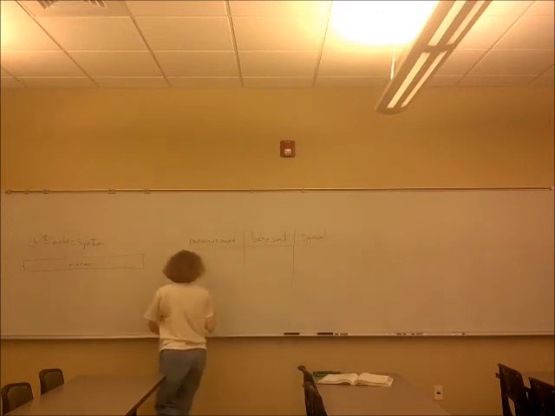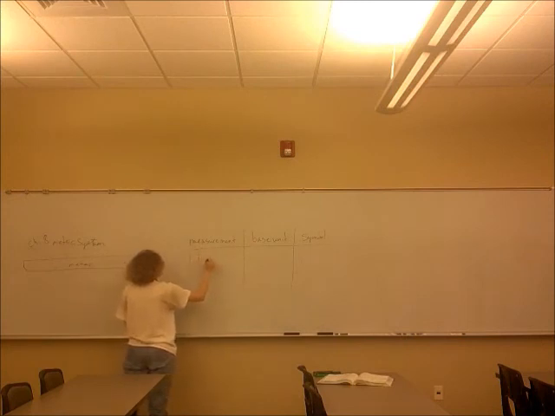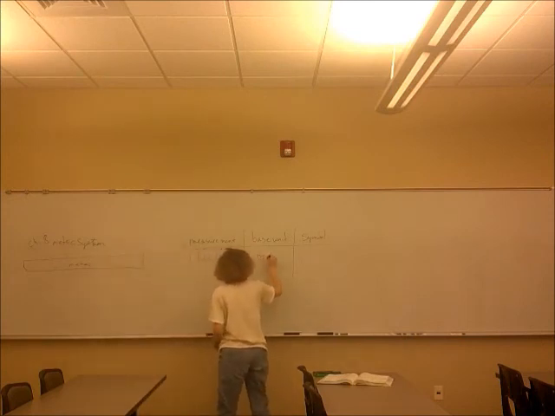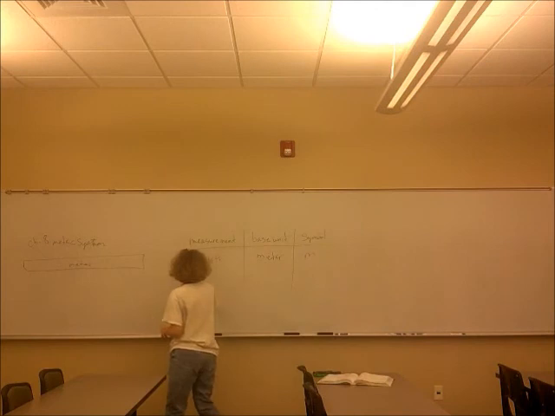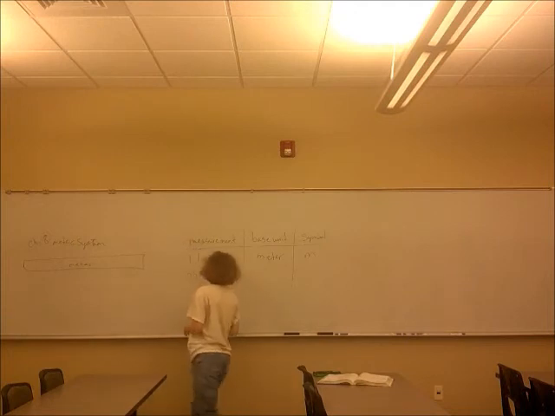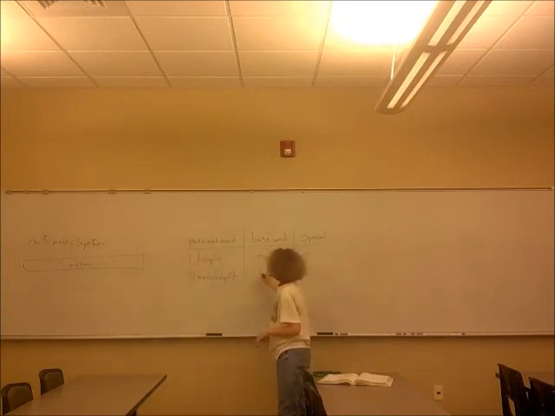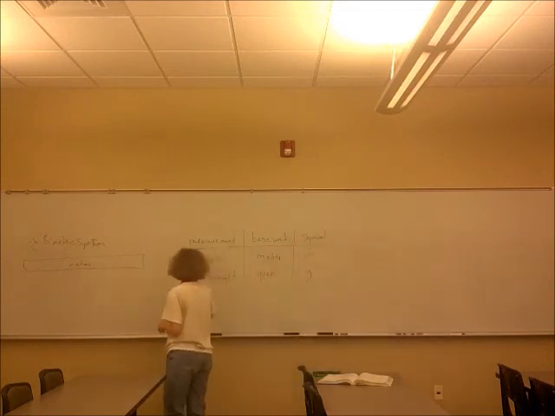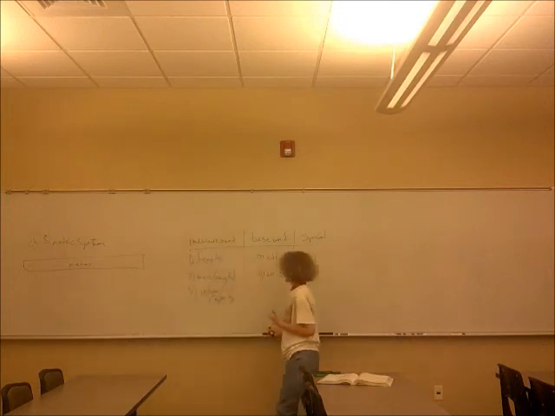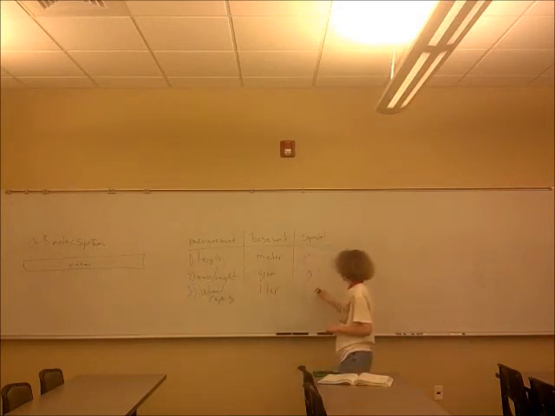There's only several things you can measure. First thing is length. In the metric system, they use the meter, and its symbol is a little m. The next thing is mass or weight, and its base unit in metric is gram, and has a little g. Last thing is volume or capacity. Its base unit is liter, and you can see it either as a big L or as a little L.